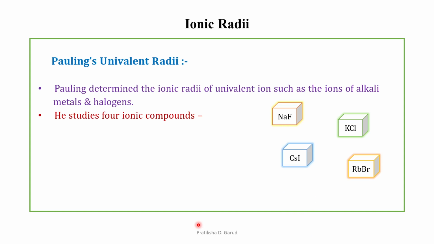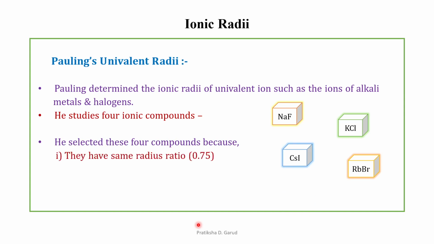He selected only these four because they have some similar characteristics. The first is they have the same radius ratio, 0.75. Second, their bonds have almost equal ionic character.